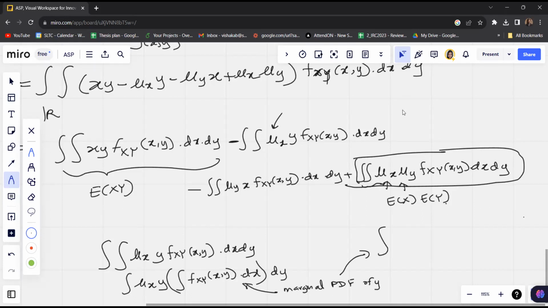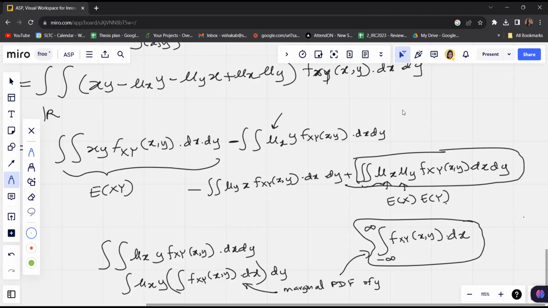The definition of the marginal PDF of y is the integration of the joint function with respect to dx over all its values. It could be minus infinity to plus infinity. This integration of the joint distribution function over all the x values is known as the marginal PDF of y.